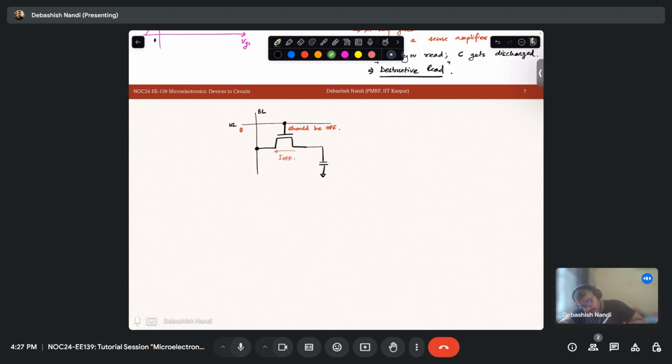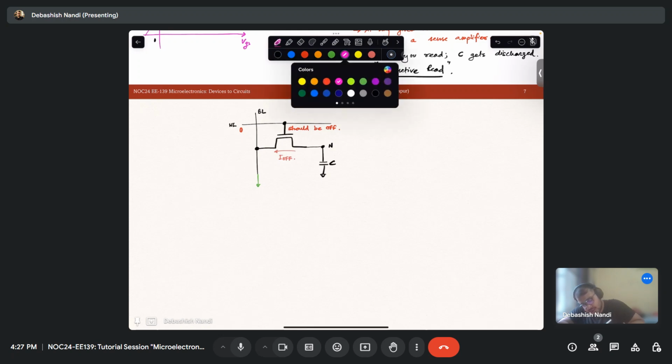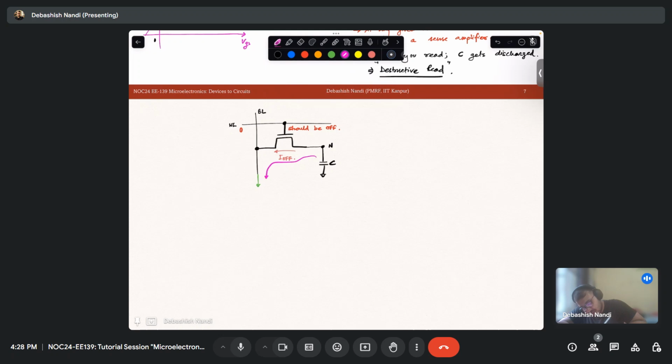And let's say if your bit line is grounded, so whatever the value of this C will get discharged through this path. Okay, storage node voltage drops.